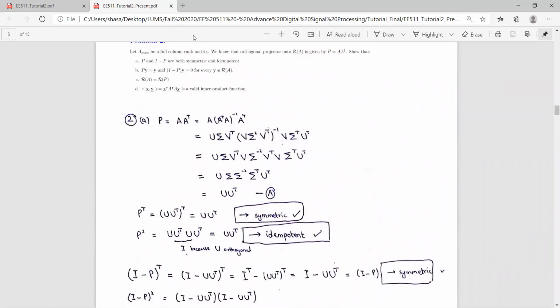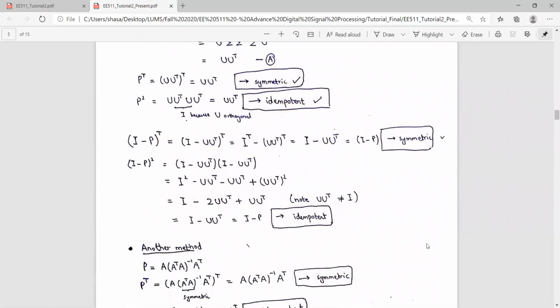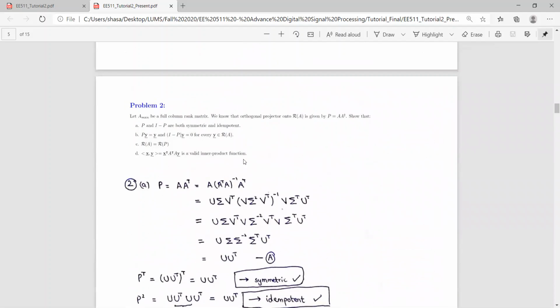But as we move towards part C here, we'll see that SVD offers us some neat properties which may help us later. So the next question is to show that Py is equal to y and I minus P y is equal to 0.